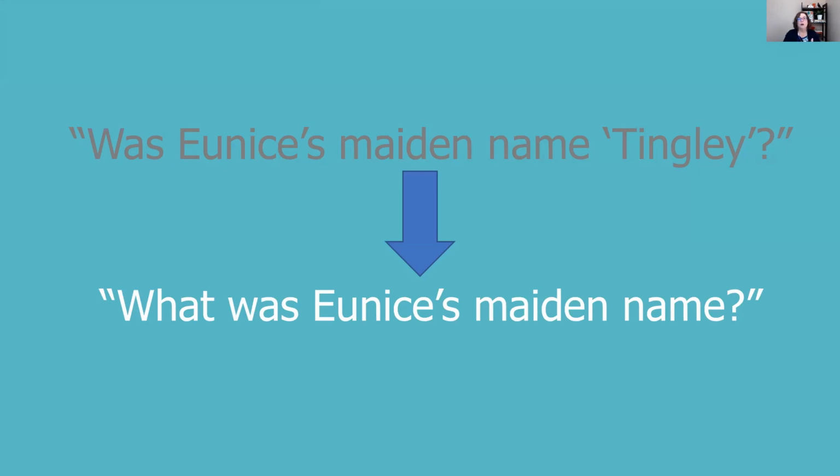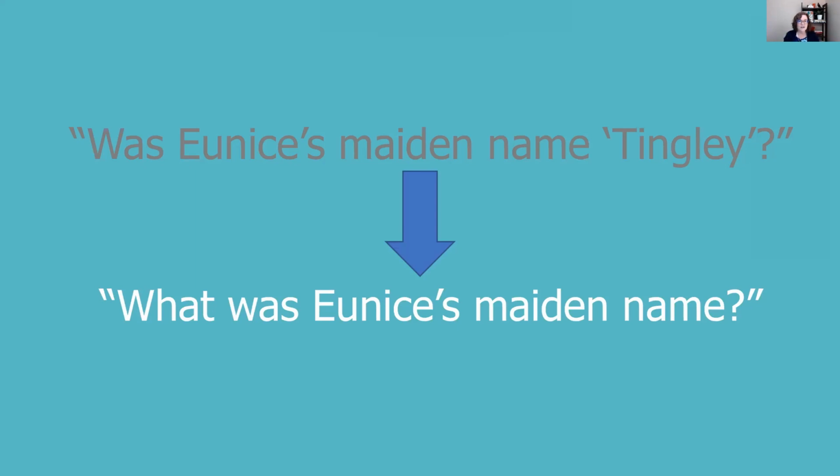So now we're not going to be quite as likely to just keep thinking, oh, well, this says Tingley and this says Tingley and this says Tingley. And pretty soon, I have these 10 sources that all say the same thing. They must all be right, right? Well, maybe not.